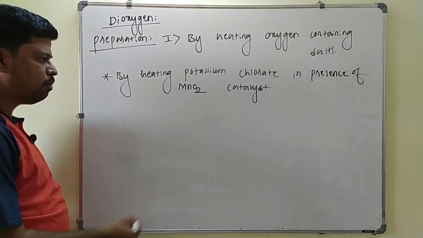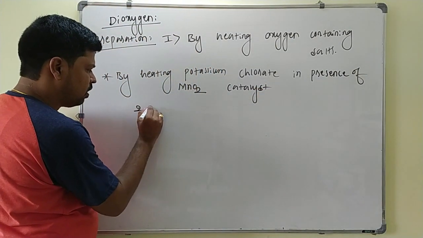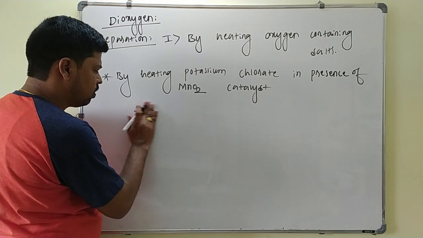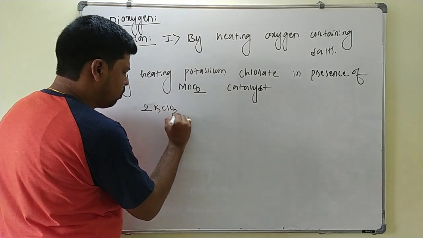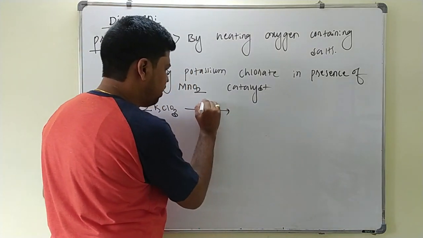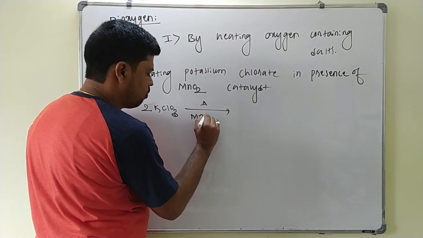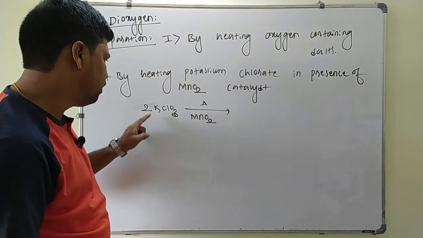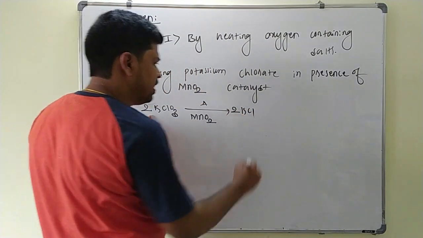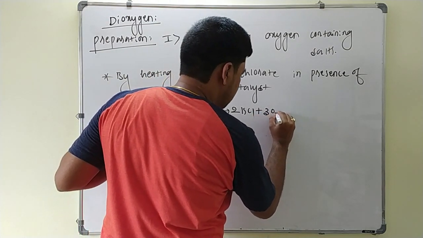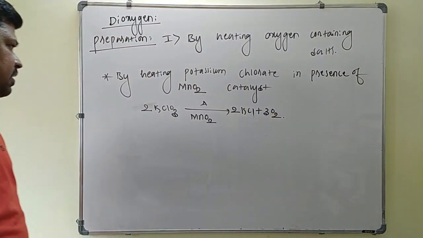So we will take potassium chlorate first, 2 times KClO3. This on heating in presence of MnO2 will decompose to give 2 times KCl plus 3 times O2.